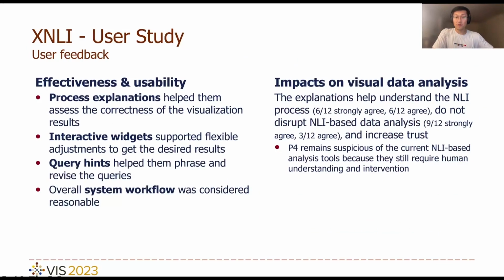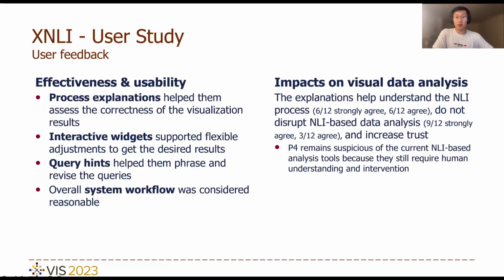For users' feedback on our system effectiveness and usability, the process explanations help them assess the correctness of the visualization results. Interactive widgets supported flexible adjustment to get the desired results. Query hints helped them phrase and revise the queries, and overall system workflow was considered reasonable.